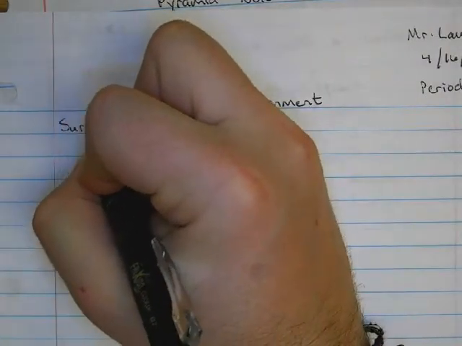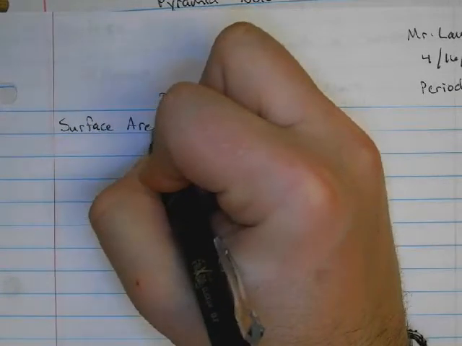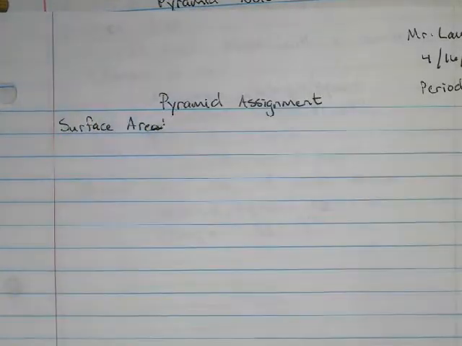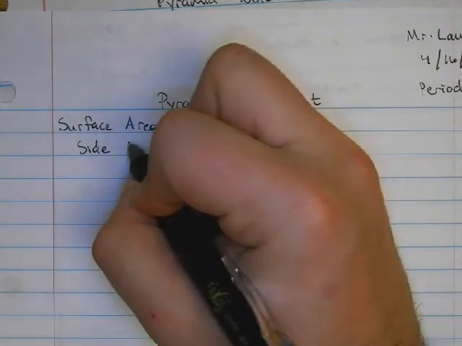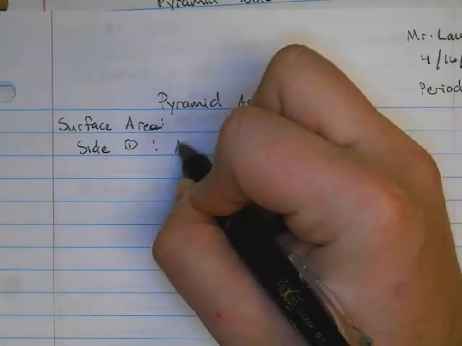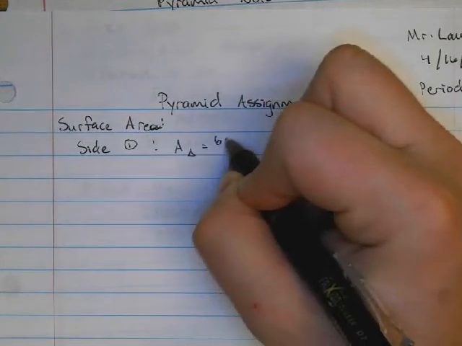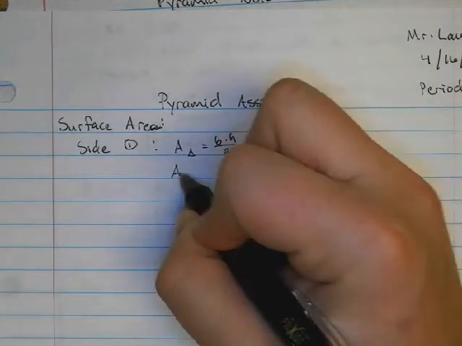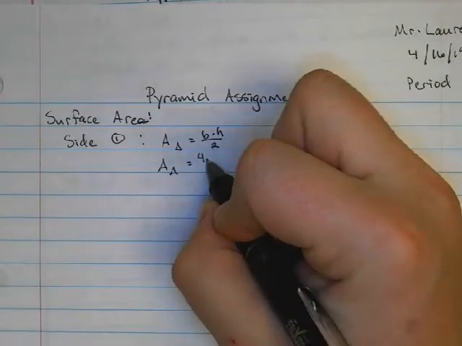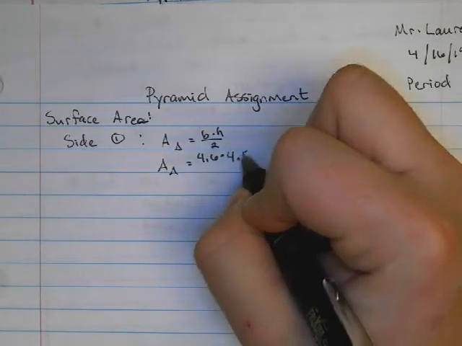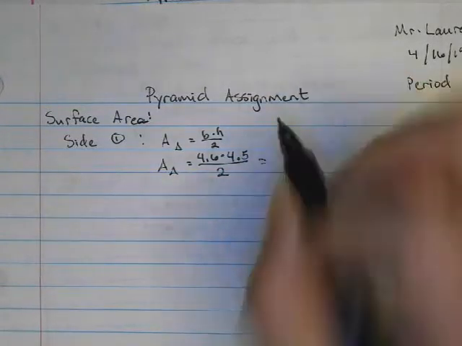And we're talking about surface area. And again, this is why we numbered our sides so we could keep track of what we're doing. So side 1, and we'll find the area of that triangle is base times height divided by 2. Then we'll plug in our numbers. 4.6 times 4.5, and then we'll divide that by 2.